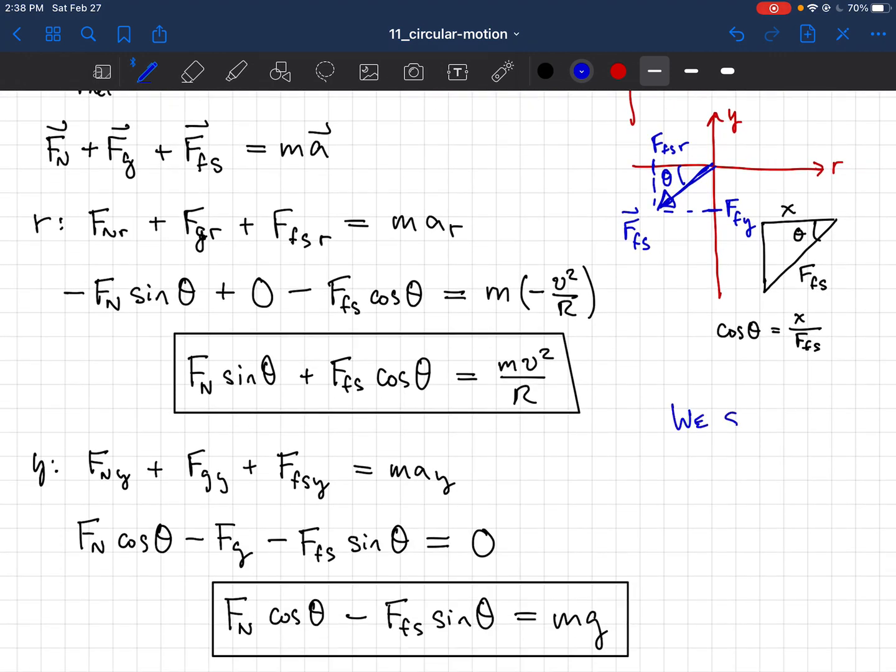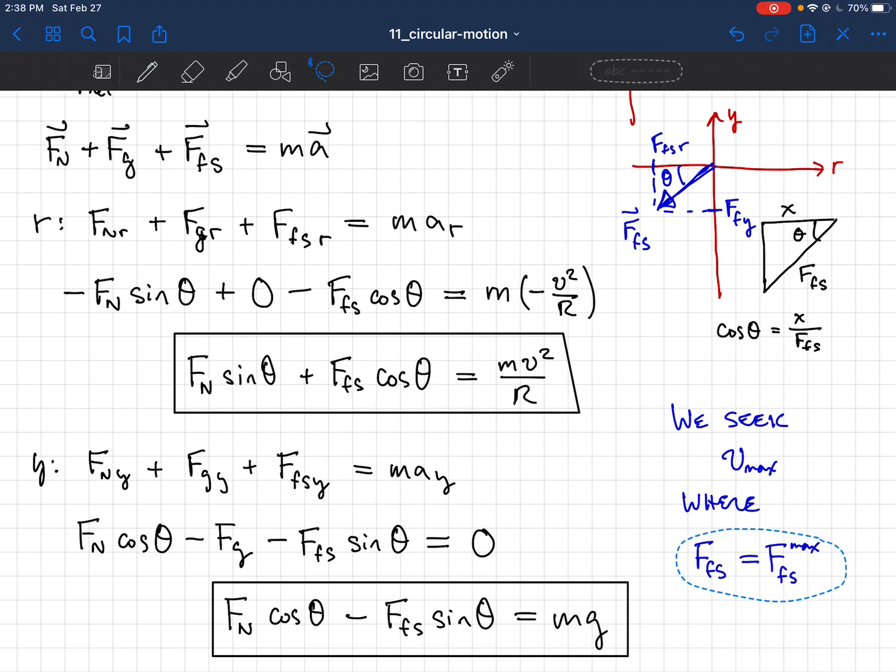So let's just write that out for ourselves. So we seek v max where the force of static friction is equal in magnitude to the maximum force of static friction. And that thing we have an equation for.